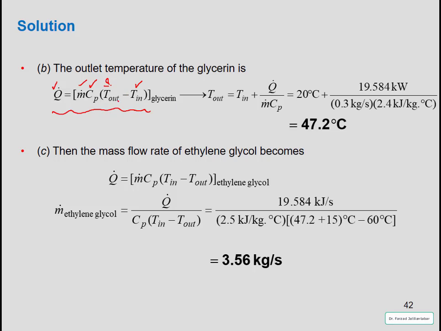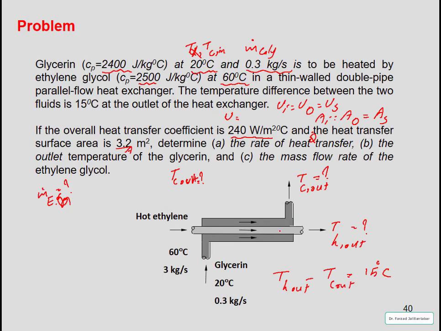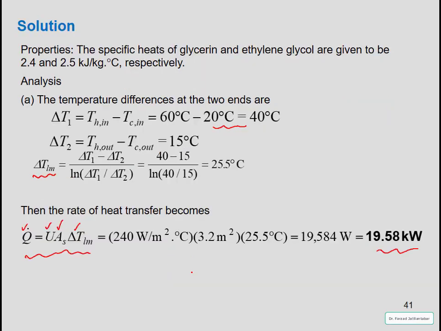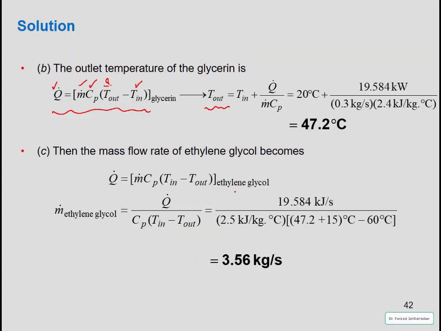So by rearrangement of this equation, we can find T out, or the temperature of the glycerin as a cold fluid, which is 47.2 degrees Celsius.